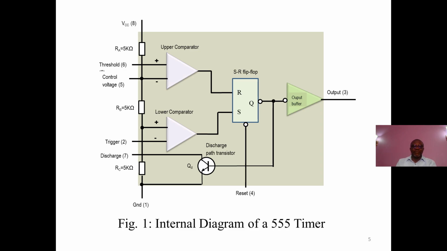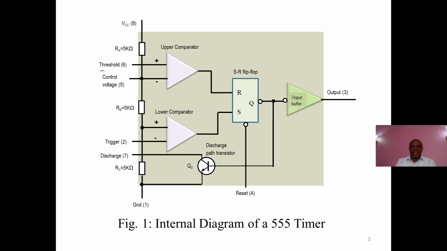These are the major 5 components you see inside the 555 timer. Of course, you have the resistors, which are very common. The resistors you can see are providing the divider circuit.